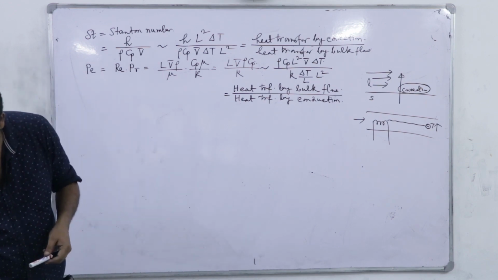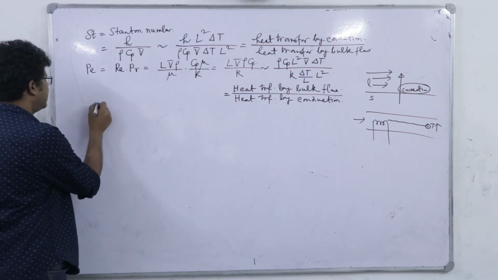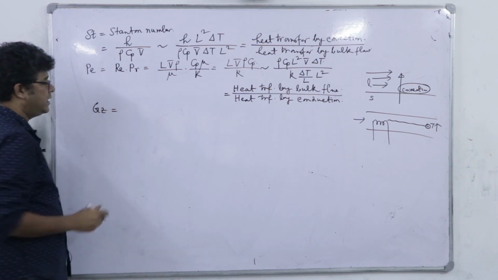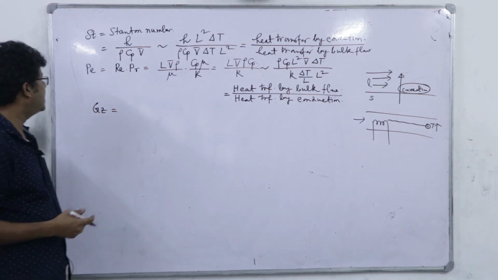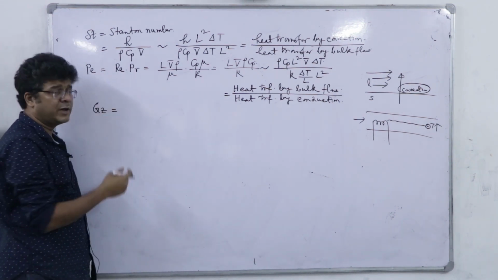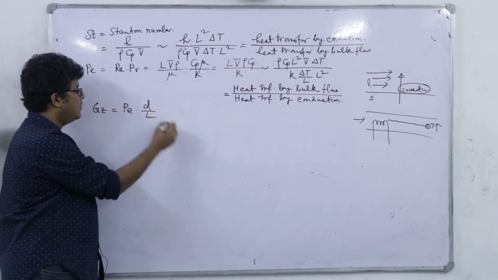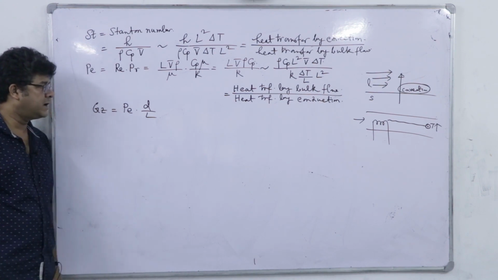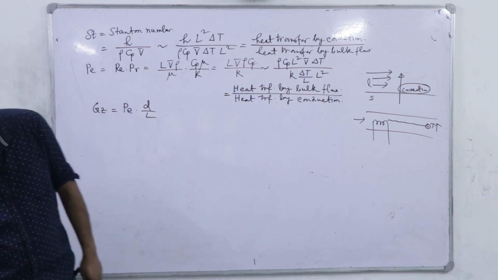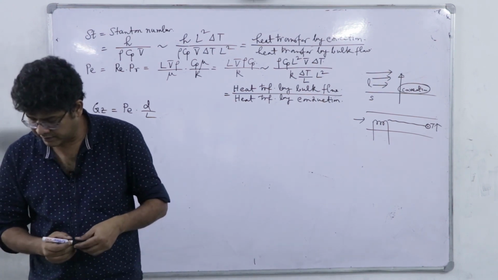Similarly, we can have the Graetz number, which is very similar to the Peclet number but important in laminar flow. It is d by L. So the Peclet number multiplied by d by L will give you the Graetz number.